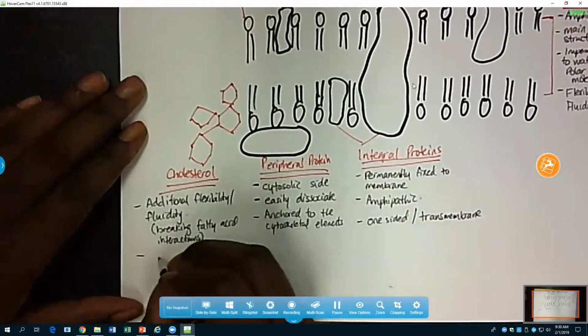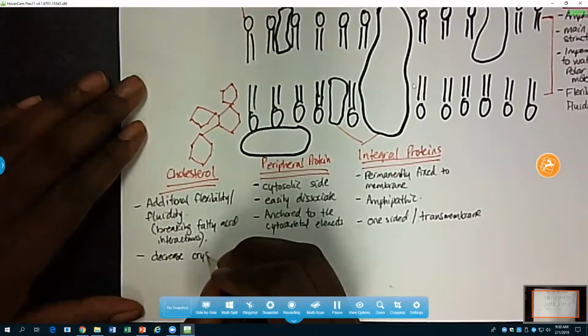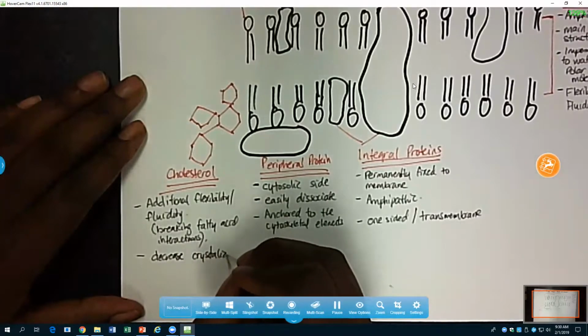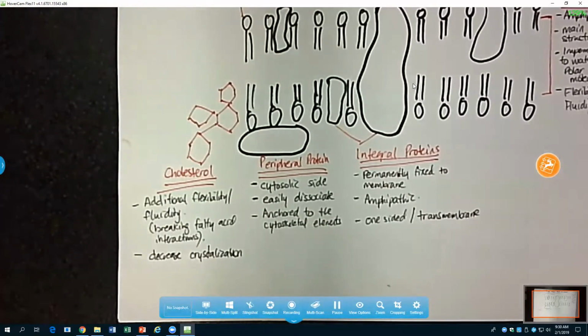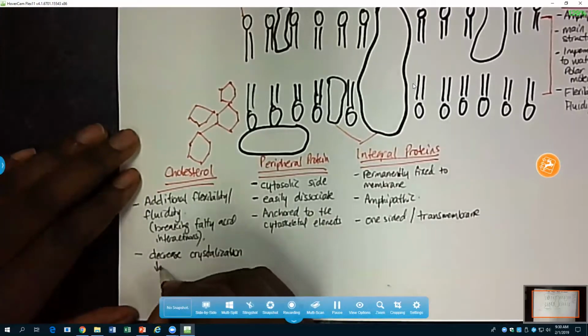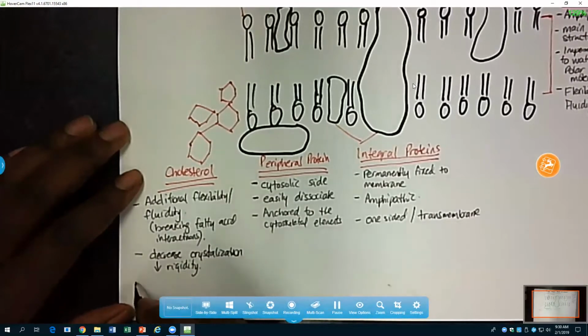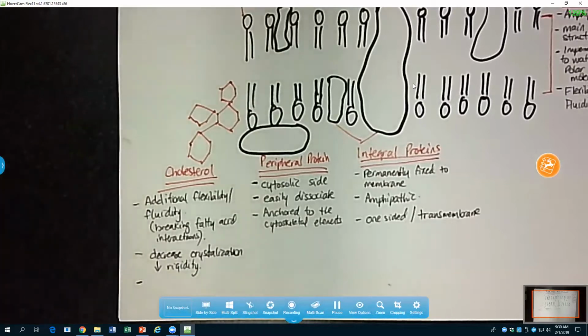Okay, so they're going to decrease crystallization and decrease rigidity. They are also impermeable to water, so they are a lipid, okay? They are non-polar.